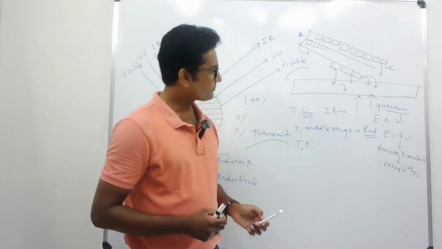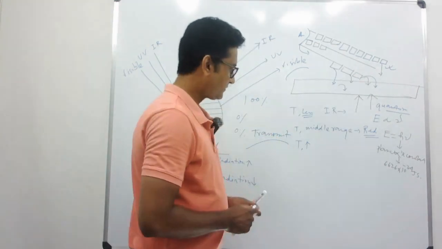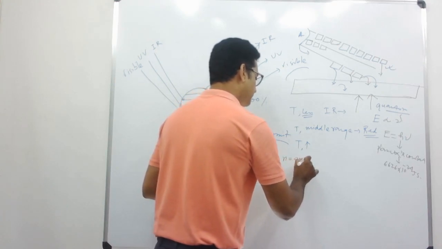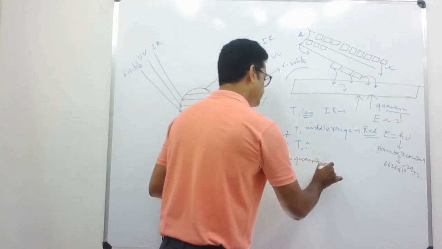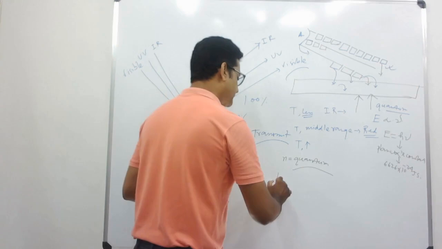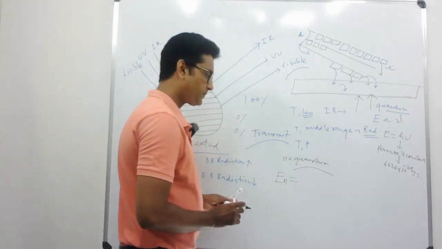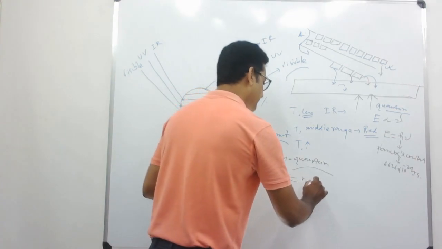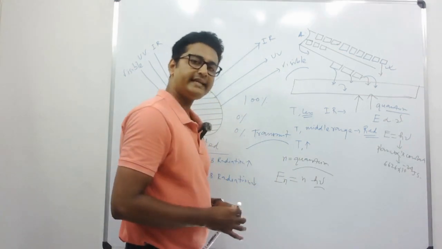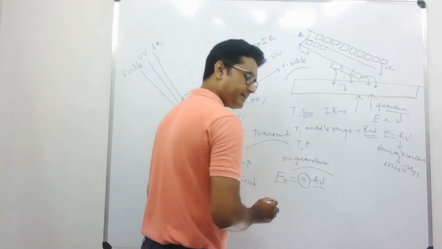And if a whole radiation has n number of quanta, then the whole of the radiation has energy E is equal to n into h nu. H nu is the energy of each quantum, as n number of quanta are there.